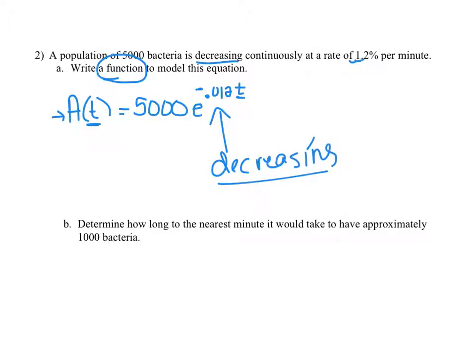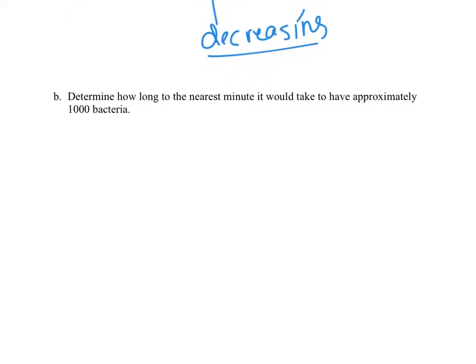If you have a decay problem that's decreasing continuously, you're going to use a negative rate, just like we always did, but now it's just in the exponent. Determine how long to the nearest minute it would take to have approximately 1,000 bacteria. That just means 1,000 is the end.